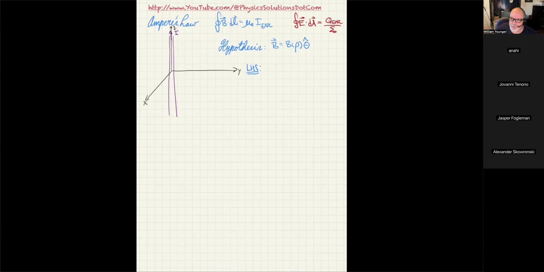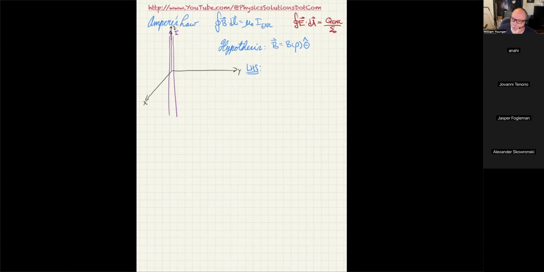Or another way of looking at it is I need the magnetic field to be a constant on that path. If I have multiple parts, then it has to be a constant on some of them and zero on the other ones. Okay, zero meaning B dot dl is zero. So if the magnetic field is perpendicular to the path at some points, then that one won't contribute, and that's fine as well.